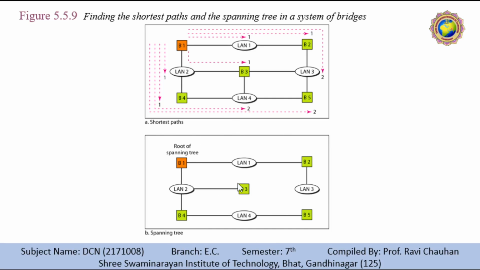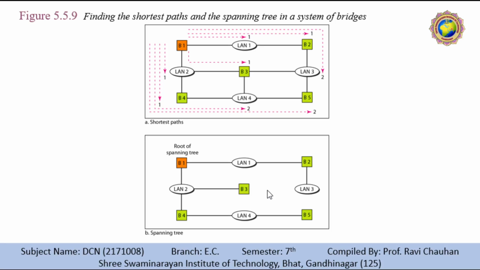Based on the spanning tree, we mark the ports that are part of the spanning tree as forwarding ports, which forward the frames the bridge receives. We also mark those ports that are not part of the spanning tree as blocking ports, which block the frames received by the bridge.